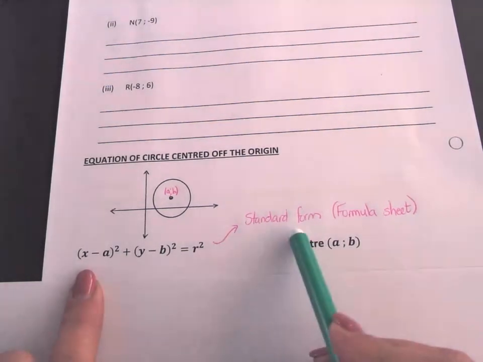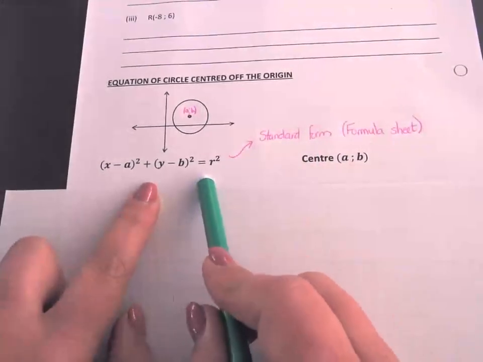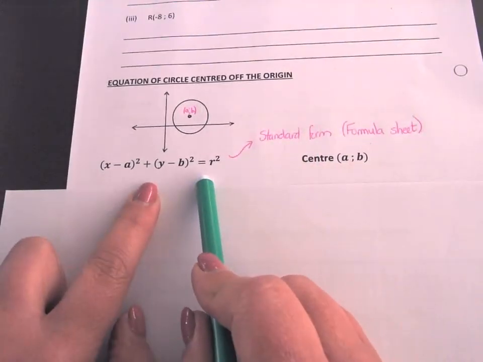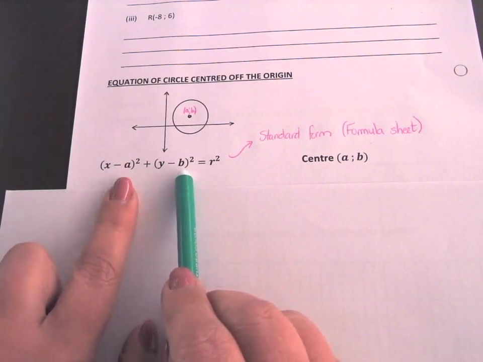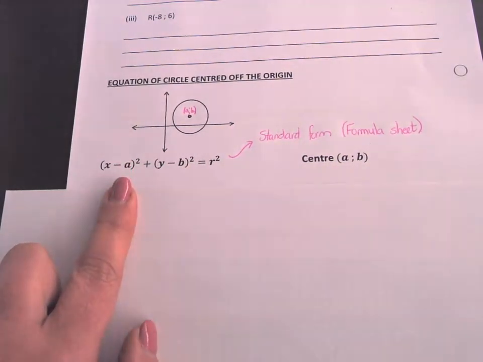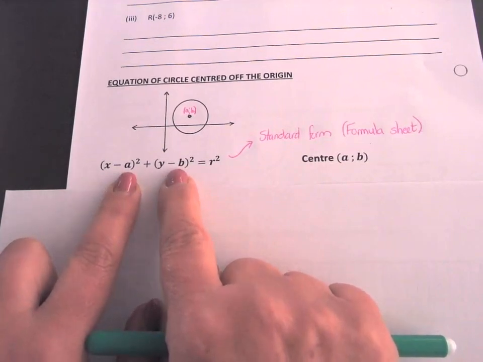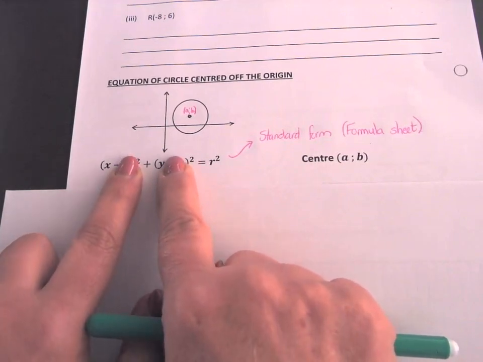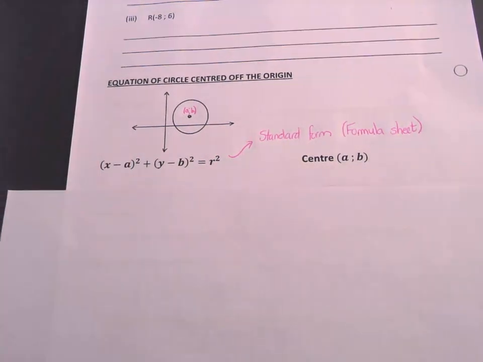This one is called the standard form and this one appears on the formula sheet. You can also use this one for circles with centers on the origin because then A and B will be 0 and 0. Therefore, if you subtract them, you will get x squared plus y squared equals r squared. Do you all follow? Okay.